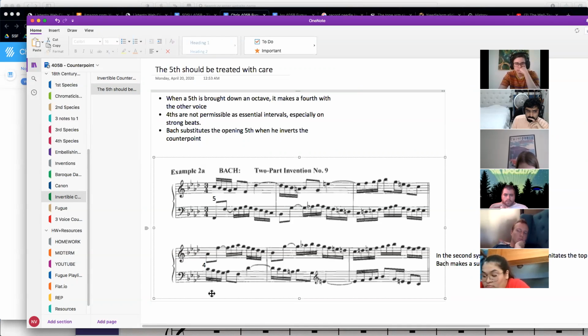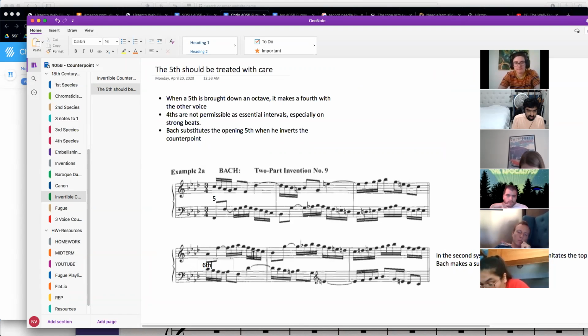So that's why in this example of the Bach invention, whoops, I'm going to butcher this, I'm sorry. Right, and then when it appears over here, he changes the interval, because what would have normally happened right here is you would have actually had a 4th, but what you actually have is a 6th.